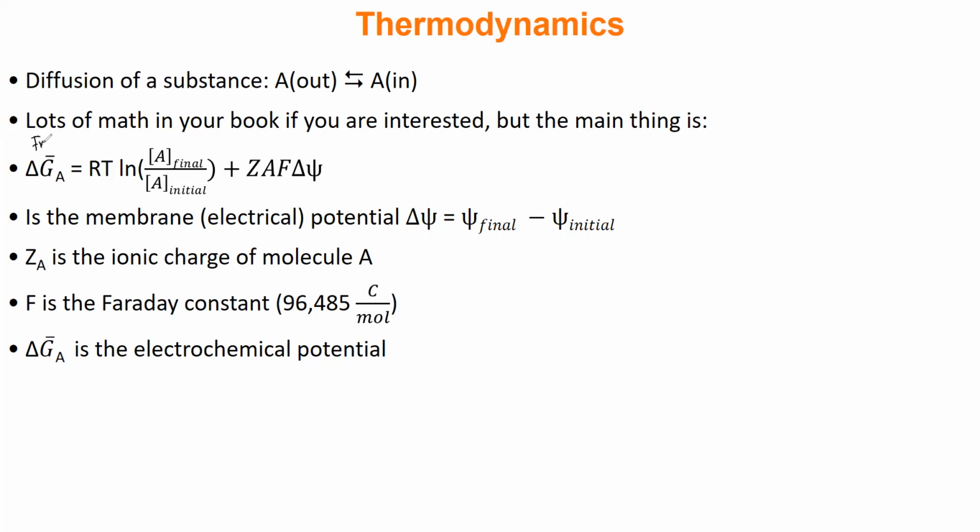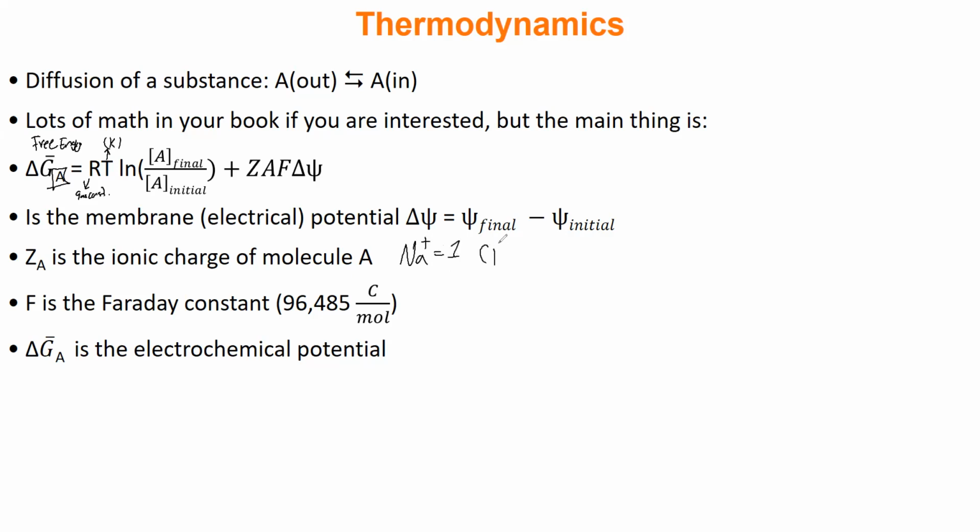So the free energy of transport, remember delta G is free energy, of molecule A, is equal to gas constant, temperature in Kelvin, multiplied by the natural log of the concentration of A where it finally ends up, divided by the concentration of A where it came from, plus Z, that is the charge of A. So if molecule A, for example, was sodium, sodium has a +1 charge, so Z would be equal to 1.